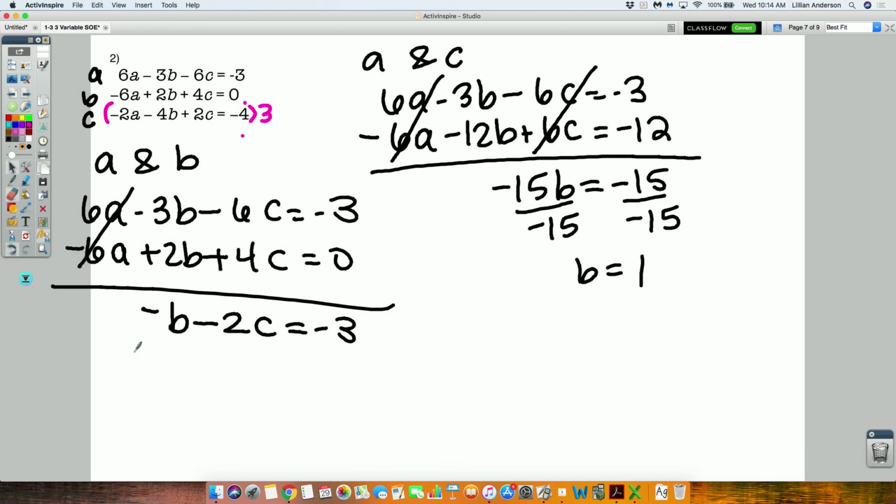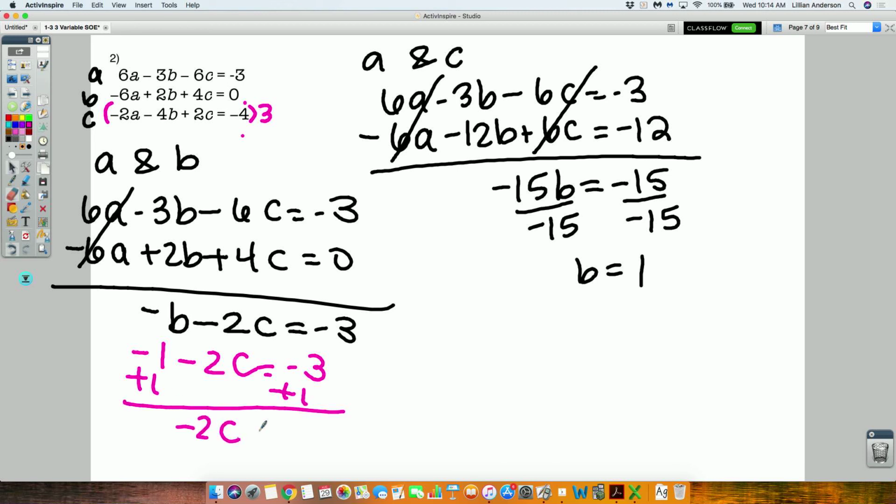So this gives me a negative 1 minus 2C equals negative 3. Add 1 to both sides. Then divide by negative 2. And C equals 1.